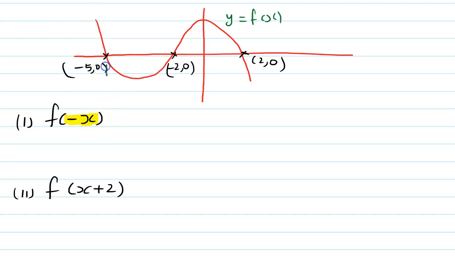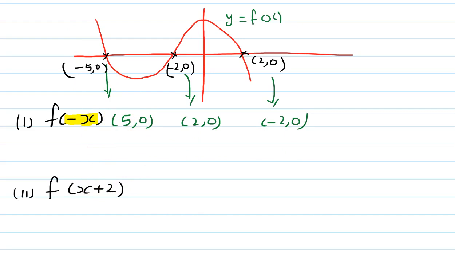So this coordinate will be (5, 0), this coordinate will be (2, 0), and this coordinate will be (-2, 0). So once you sketch the graph, we have changed the x sign: minus 5 into 5, minus 2 into 2, and 2 into minus 2. These will be the coordinates of the points.